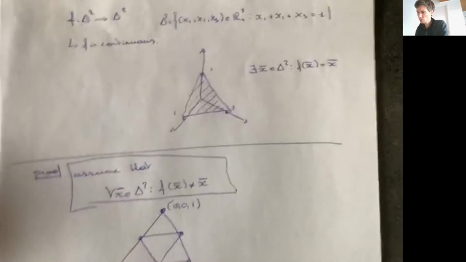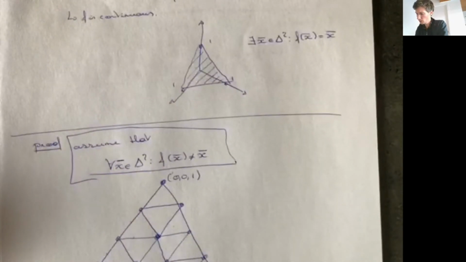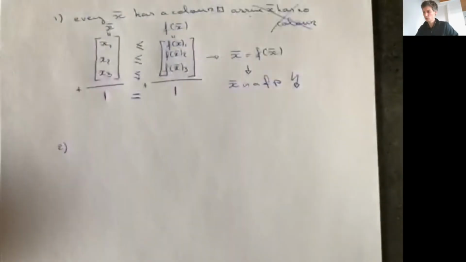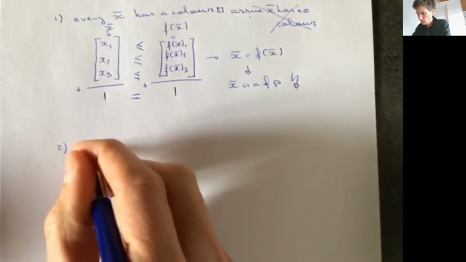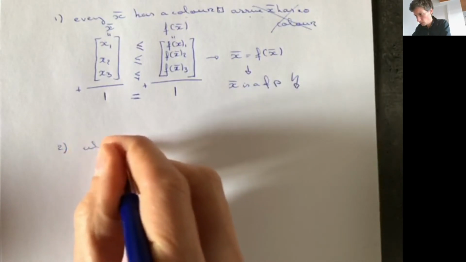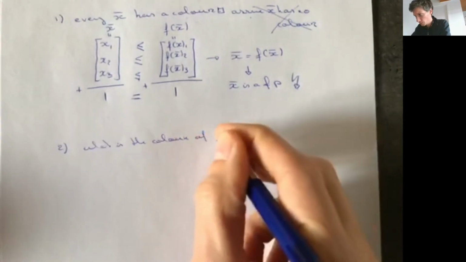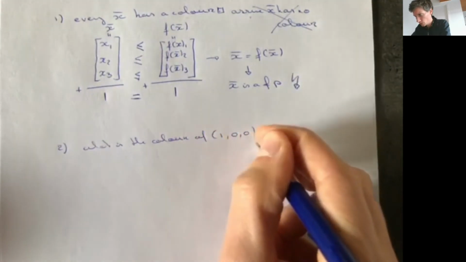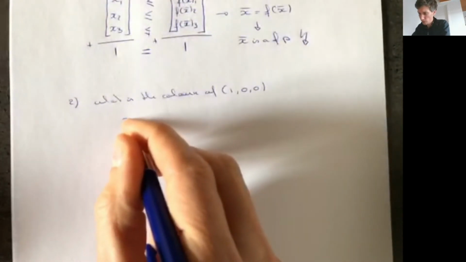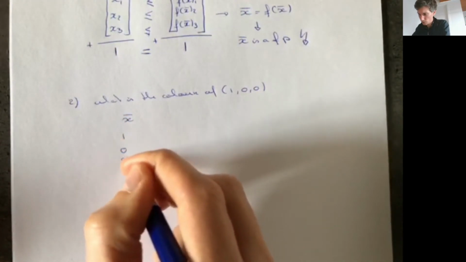Okay, so let's first look at this point here, 1, 0, 0. What is the color of 1, 0, 0? So here we have x, which is 1, 0, 0.